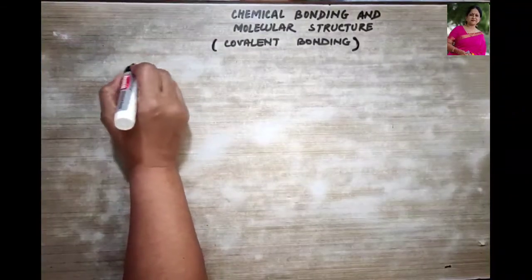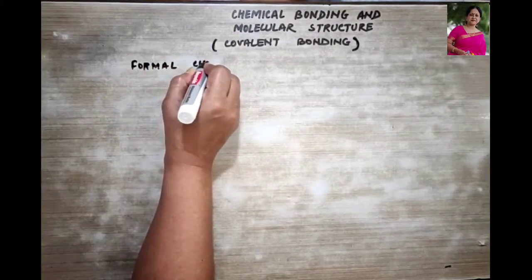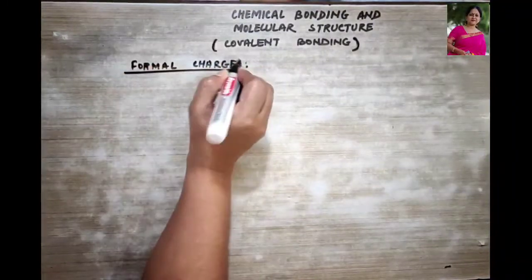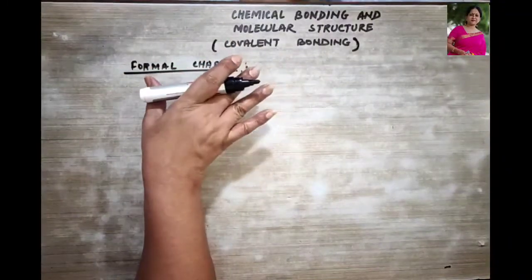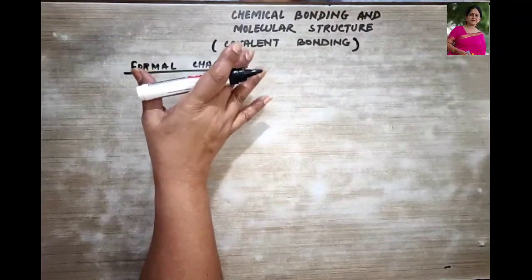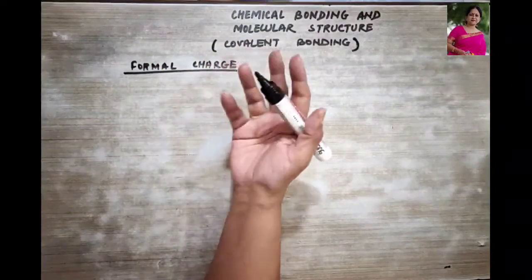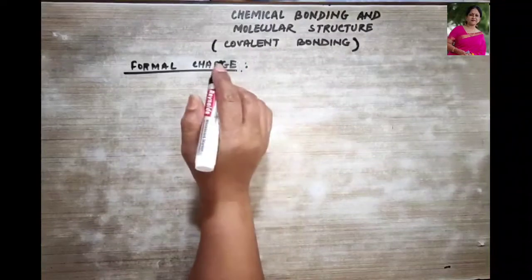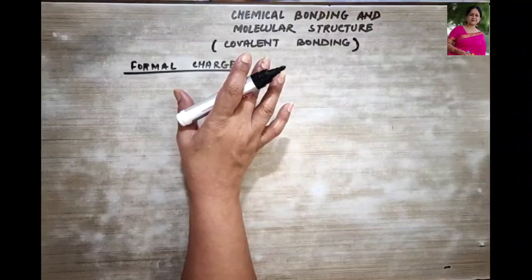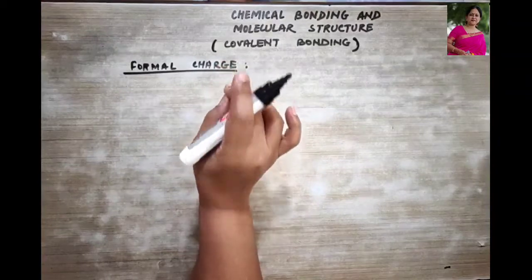Now let us understand what is a formal charge. Okay, so what is a formal charge? The formal charge is a virtual charge which the constituent atoms of a molecule may appear to have when the valence electrons or lone pair electrons and the bonded electrons are assigned to each atom according to certain rules, right?